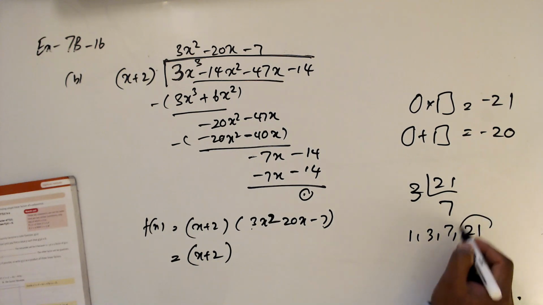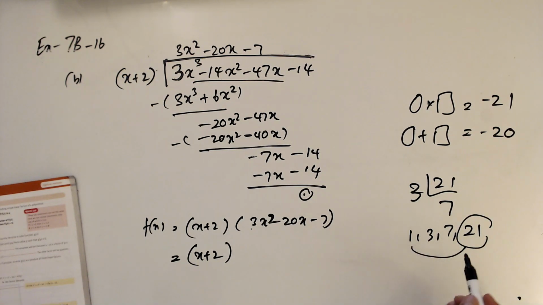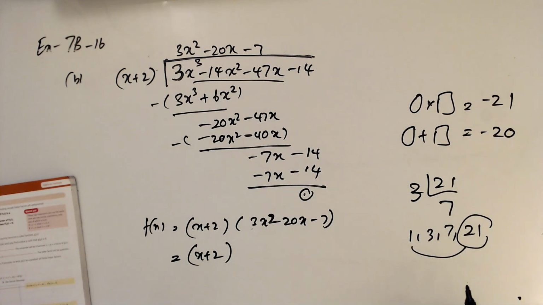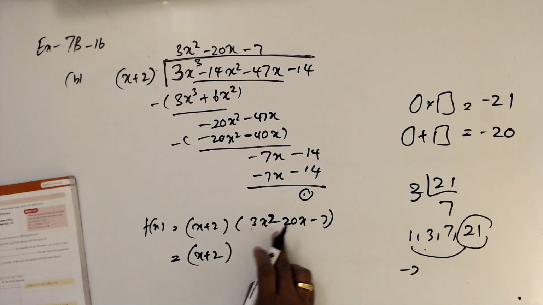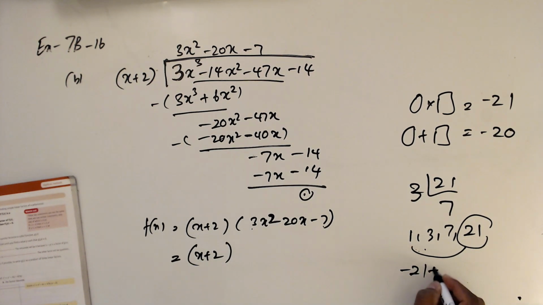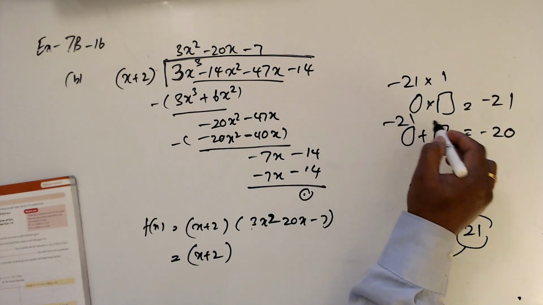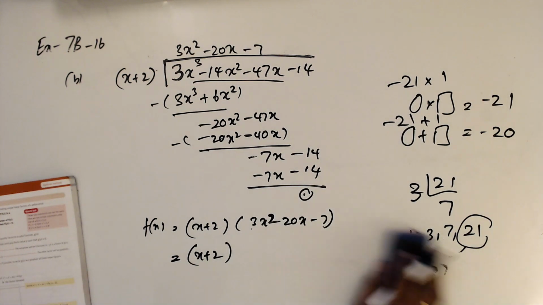The only matching one is when you multiply you get 21, and it has to be negative. So the big value has to be negative in that case. Minus 21 and plus 1. So minus 21 times 1, and minus 21 plus 1 is minus 20x.